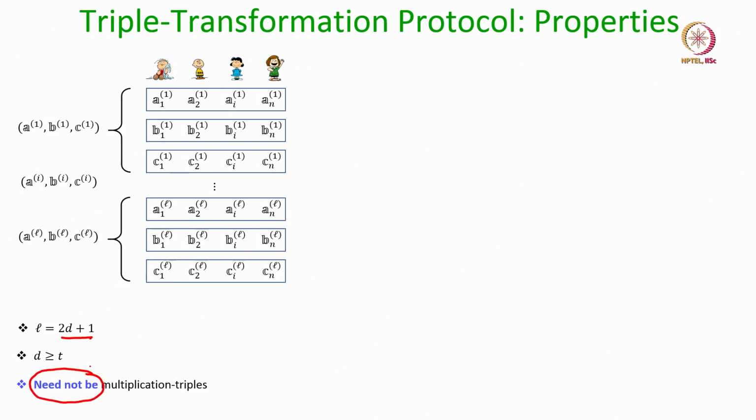In fact, it could be the case that none of these input triplets is a multiplication triplet, or it could be the case that all but one among these L triplets is a non multiplication triplet. So, it could be any possibility, and there is absolutely no relationship among these L triplets. They are just L arbitrary triplets which are secret shared.